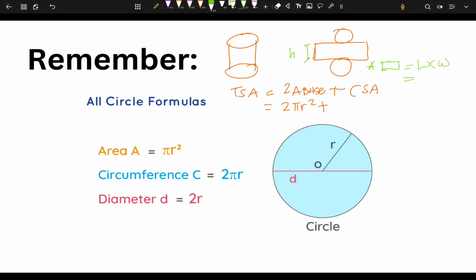So, yung length natin is yung circumference daw, that is 2 pi r times natin sa W, which is yung height naman. So, therefore, itong rectangle natin is yung 2 pi r h. So, therefore, this is the CSA ng ating cylinder. Yung CSA natin is twice ng pi r h.